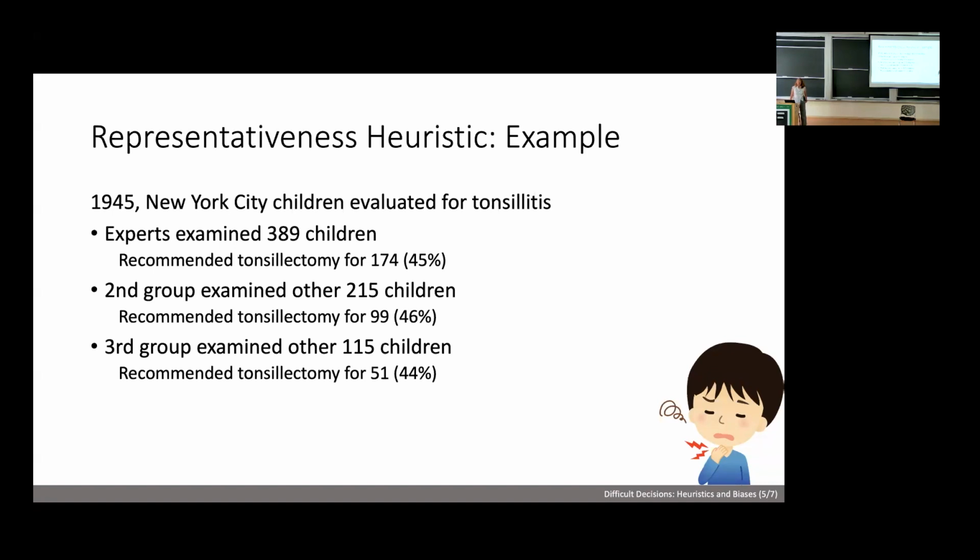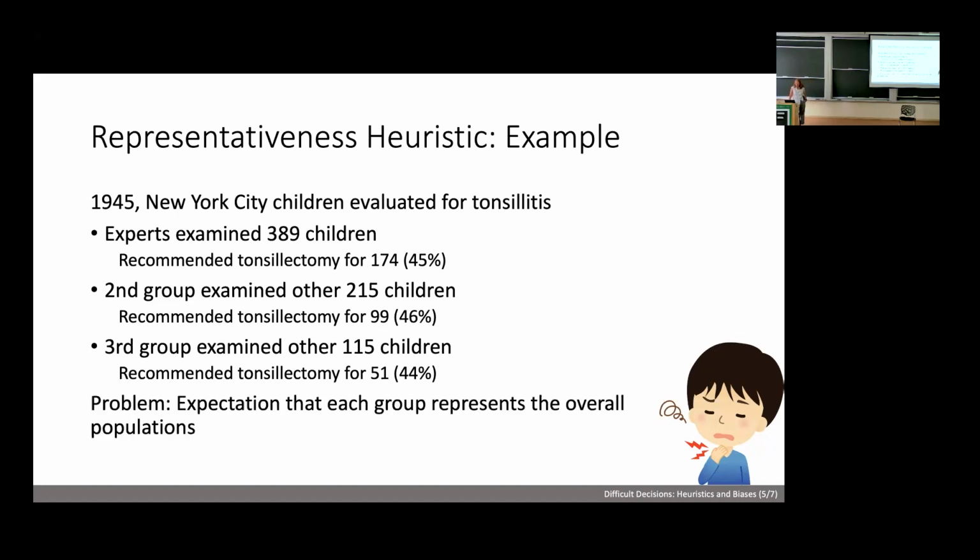Then a third group examined the 115 children that had basically been excluded twice already, where other experts had said they don't need tonsillectomy. And again, 44% were recommended by the third group. The problem here is the expectation that the group of children they were asked to examine would represent the overall population, which was not true.